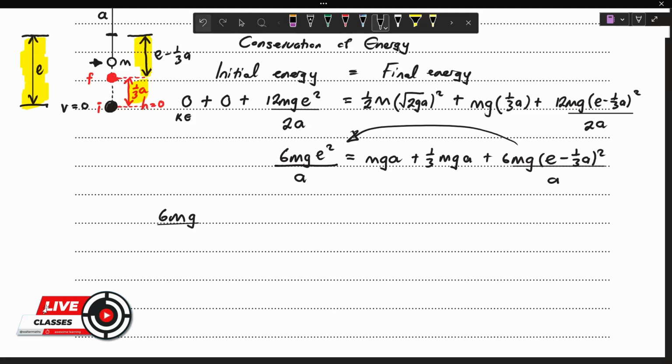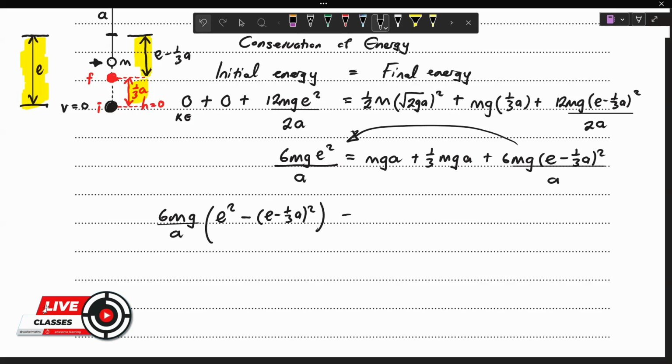If we factor out 6mg over a, we will only be left with e squared. And when this comes to the left, we'll have a minus of e minus a third of a squared, close bracket.